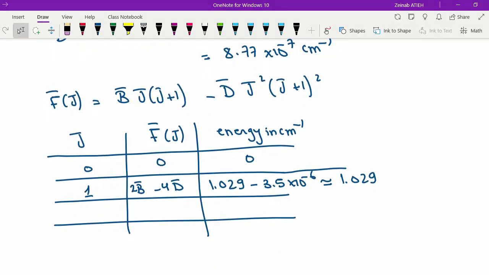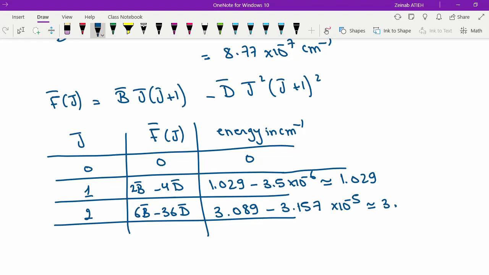Now for J equals 2, we get 6B bar minus 36D bar. So it will be 3.089 minus 3.157 times 10 to the power minus 5, which is also approximately equal to 3.089. The correction is also small. So for 3, we have 12B bar minus 144D bar.